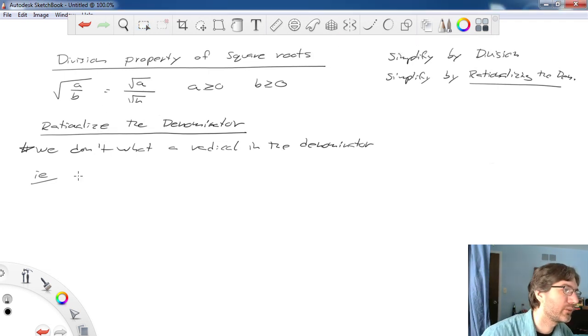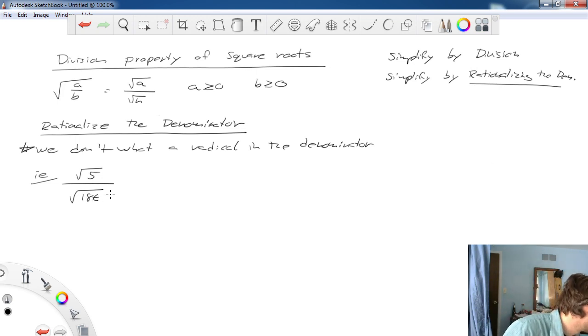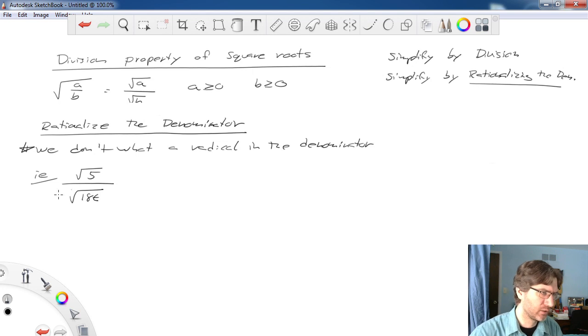So let's look at the square root of 5 over the square root of 18t. Okay, so in this case, the square root of 5 you can't reduce or simplify anymore, but 18t you can because of that 18.